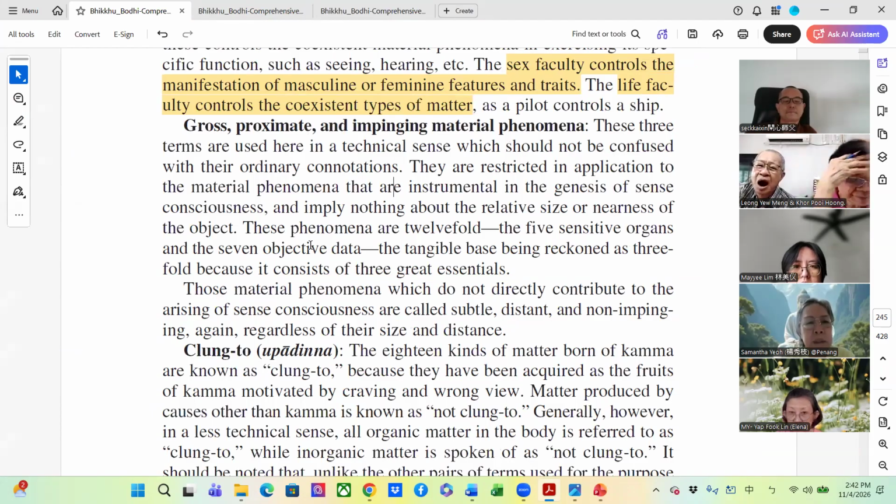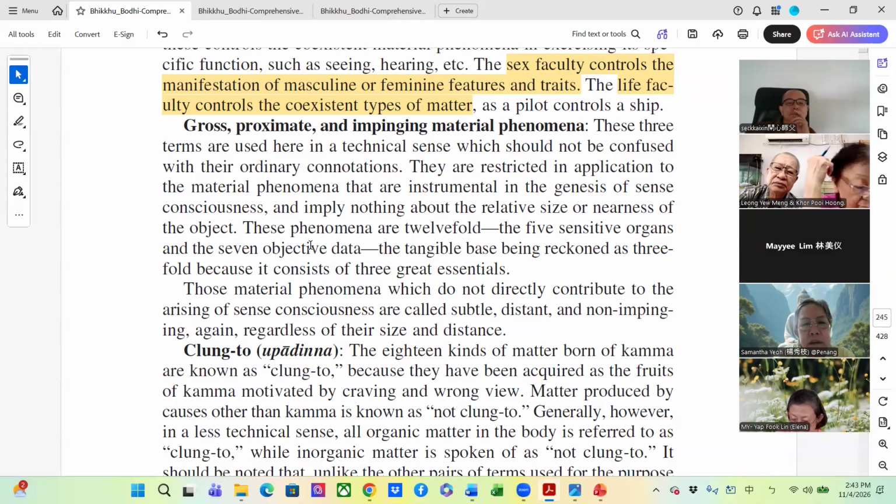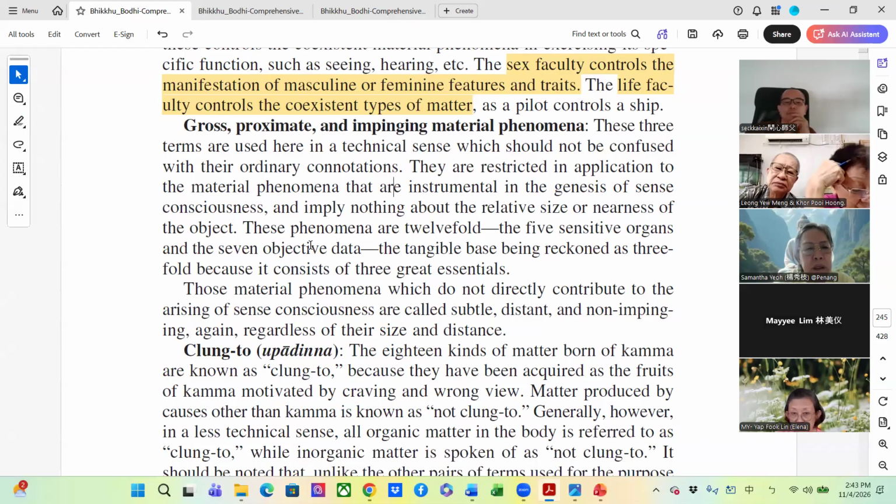Gross, proximate, and impinging material phenomena. These three terms are used here in a technical sense, which should not be confused with their ordinary connotations. They are restricted in application to the material phenomena that are instrumental in the genesis of sense consciousness and imply nothing about the relative size or nearness of the object.